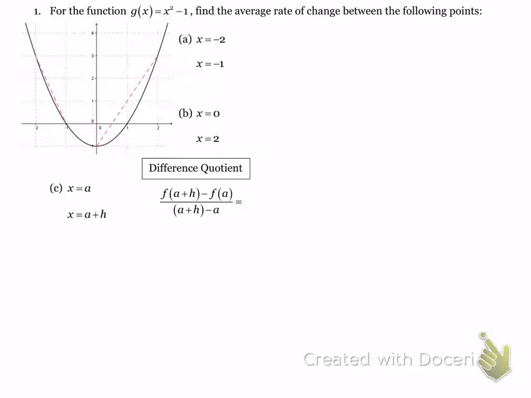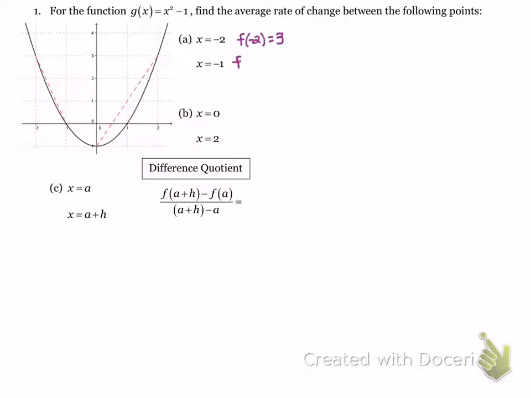So it says find the average rate of change below. Since we're given the graph, we can look at it and say that where x is -2, we need to find the output. When I plug it in the function at -2, I get the output of 3.